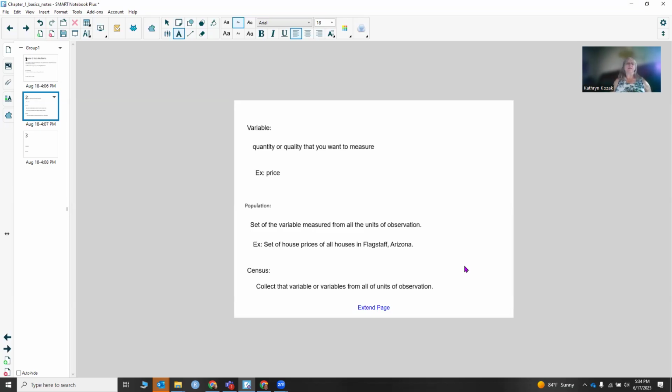So the census is very difficult to actually collect all of it up. It's going to take you a lot of time, and because you probably will need people that you're going to have to pay, it'll take you a lot of money. And sometimes it's just not possible to collect the whole census.